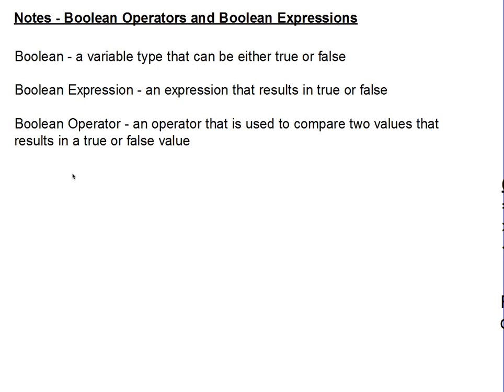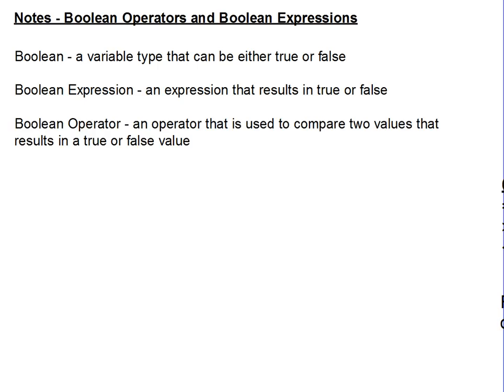A Boolean expression is an expression that results in either true or false. So it's not necessarily a variable, but it's something that we're going to evaluate, and the result is either going to be true or false. And to create these Boolean expressions, we need to use a Boolean operator, at least when we're dealing with primitive variables.